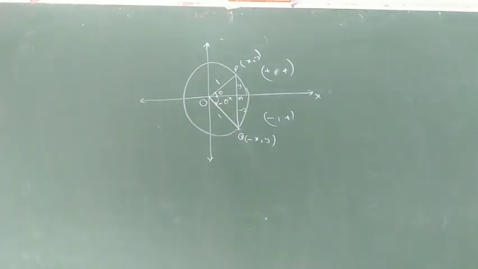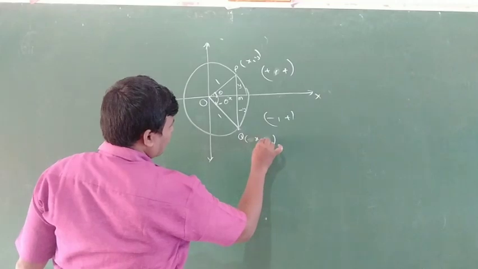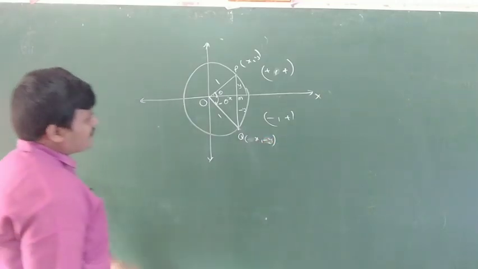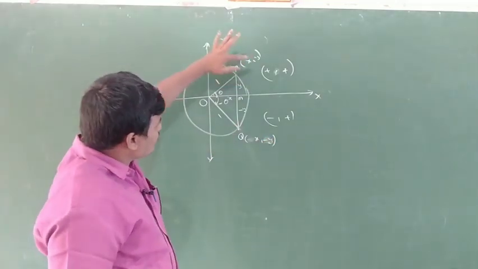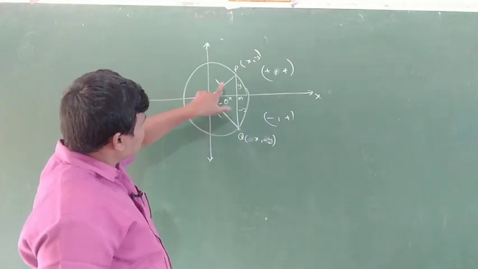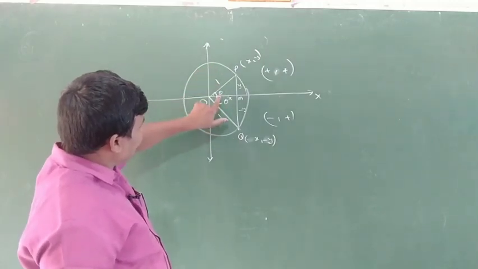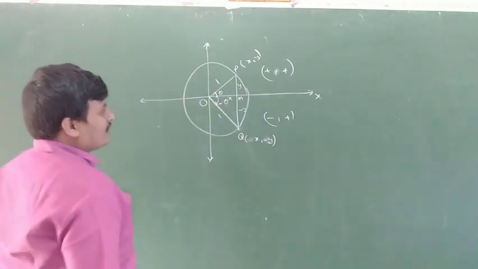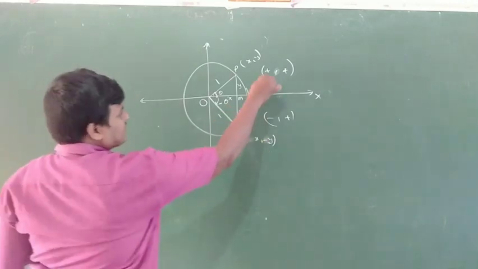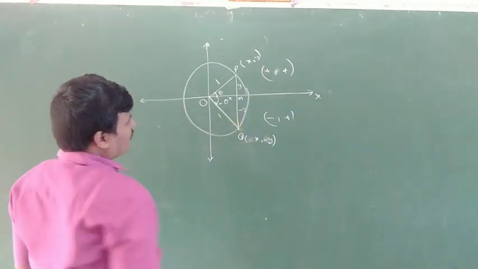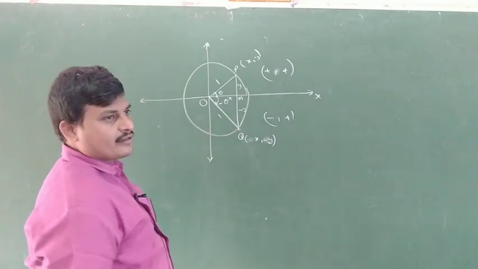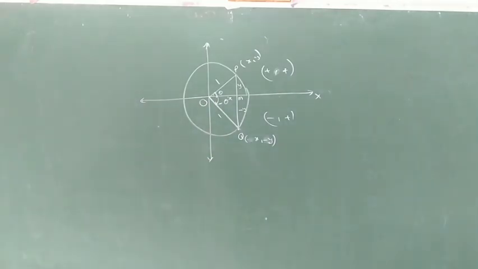Okay. X, minus y. This is minus y. Both X are positive because the two triangles depend on the x axis. So X positive. Here y, minus y. Okay.